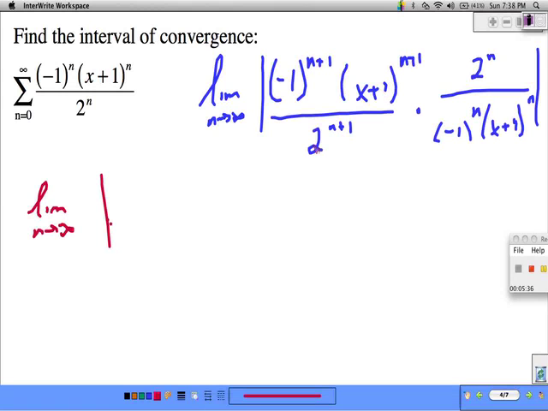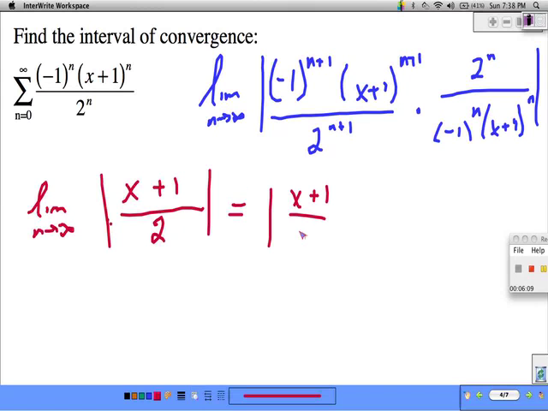the negative ones canceling, going away because of the absolute value. And then we have x plus 1 to the n times x plus 1. So we're left with an x plus 1 up there. On the bottom, 2 to the n plus 1 is really 2 to the n times 2 to the first. The 2 to the n will cancel out, and this is equal to the absolute value of x plus 1 over 2.